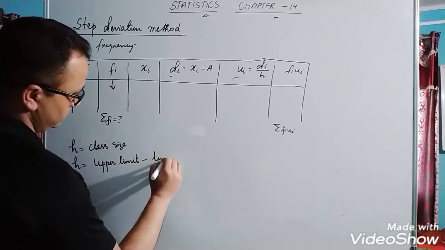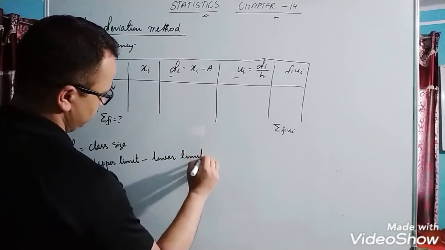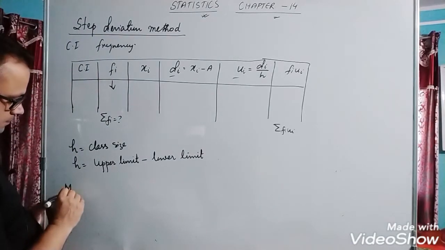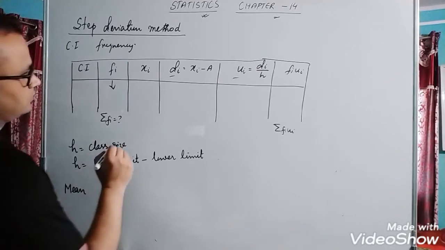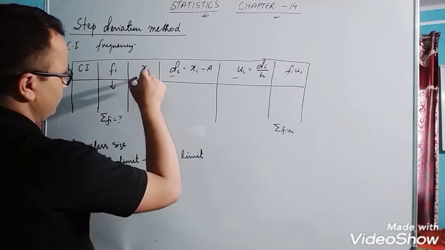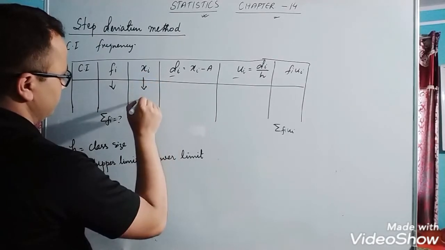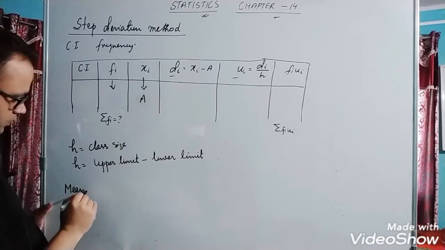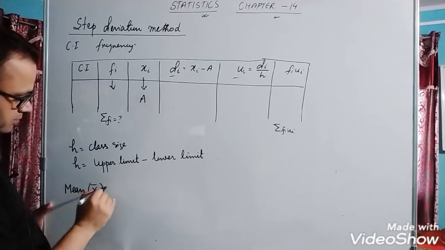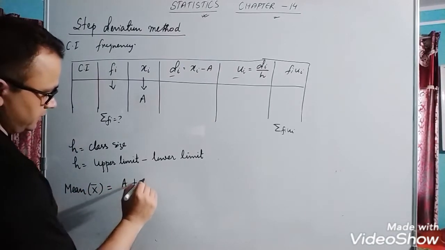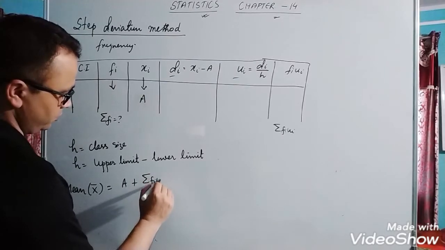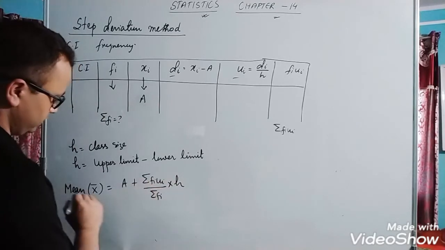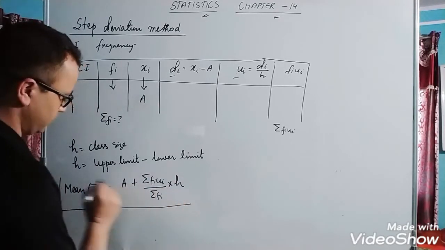For calculating mean, we find A from here. So mean x bar by the step deviation method equals A plus summation fi ui by summation fi, into h. This is the formula of mean by the step deviation method.